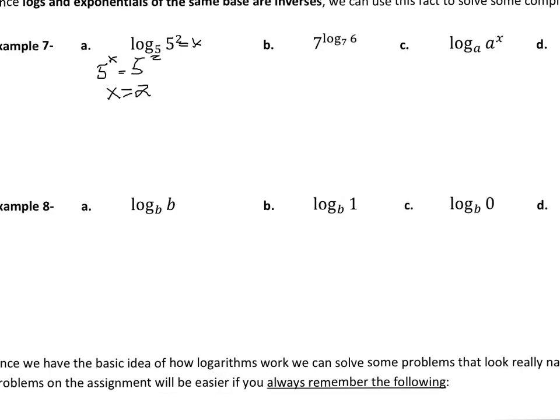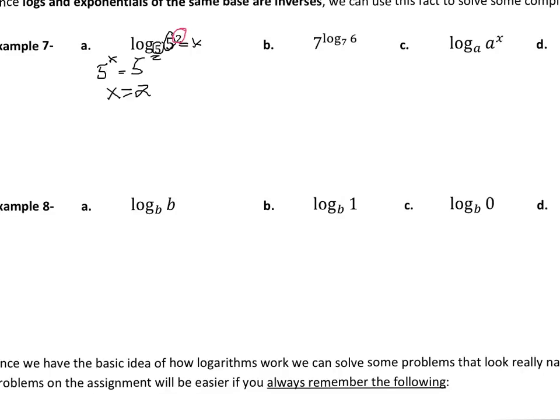So now let's look at this then. If my base and my number are the same, what does it equal? It equals the exponent. So if I had log base 10 of 10 to the fourth, what would that equal? 4. If I had log base e of e to the 25th, what would that equal? 25. Right.